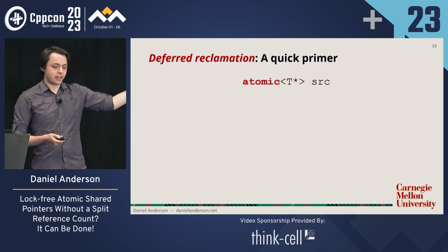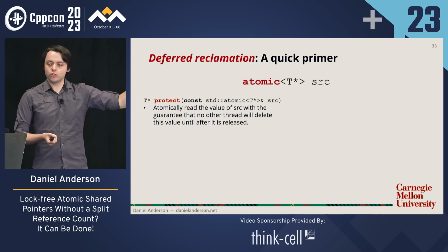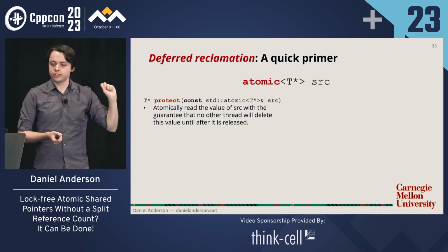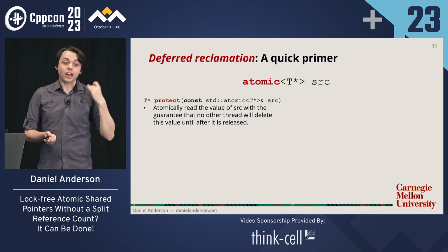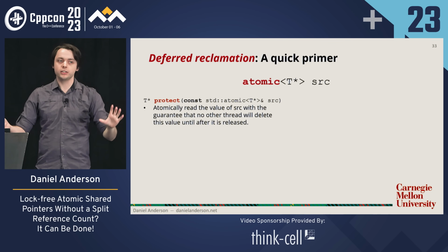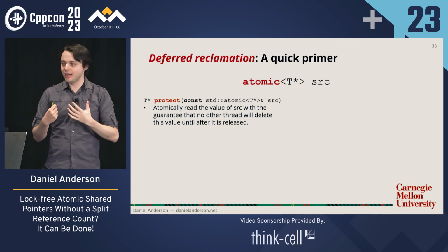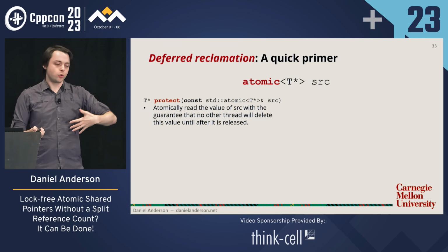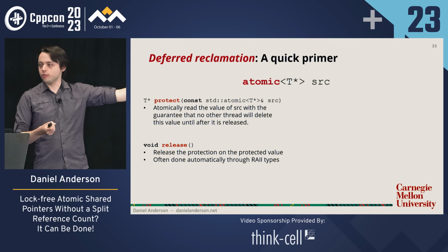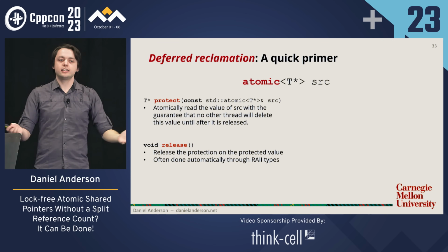So the interface that deferred reclamation tries to support is we want this magical protect operation. So protect says, I would like to read what's in this atomic source, and I would like the library to promise me that while I'm reading it, no one deletes it. Okay, I need to be able to read it safely without anyone freeing it on me. Once you're done reading it, you can imagine releasing the object, which just says I'm done with it, I don't need this anymore.